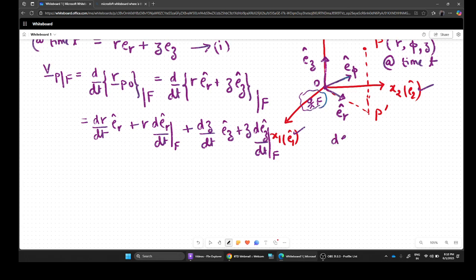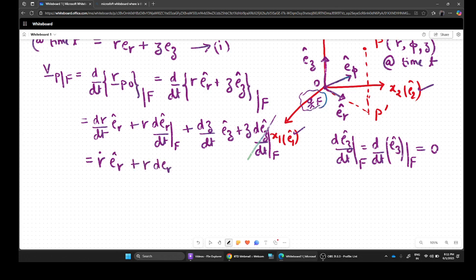Now the rate of change of Ez has to be the same as E3, and this is still 0. So at least we can remove this term. Let's also use a simpler notation, a dot at the top of some quantities.